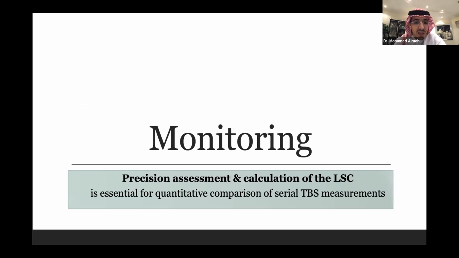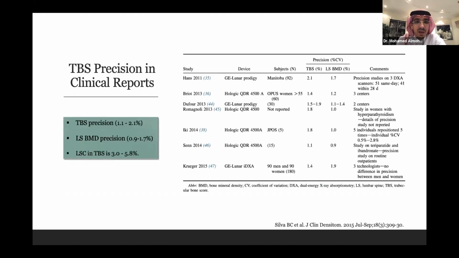I have a few slides on monitoring and the role of TBS in monitoring. Of course, like the DXA scan, if you want to monitor the treatment response or the disease progression on the BMD, you also need the persistence assessment, and you need to calculate the least significant change. That will be similar with the TBS and BMD, based on the clinical reports available.